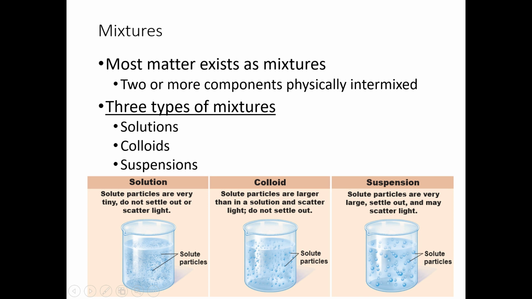Finally, suspension is when solid particles are very large, settle out and may scatter light. If you imagine that we mix water with oil, that would be your example of suspension. Usually they do not mix well.